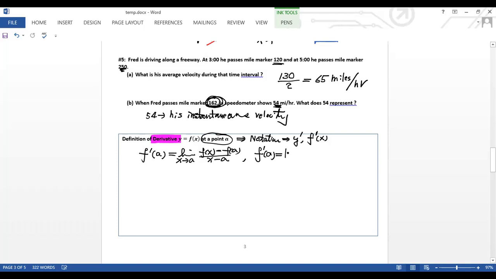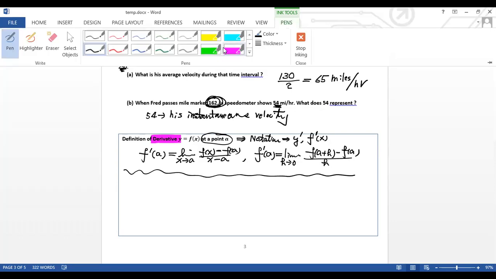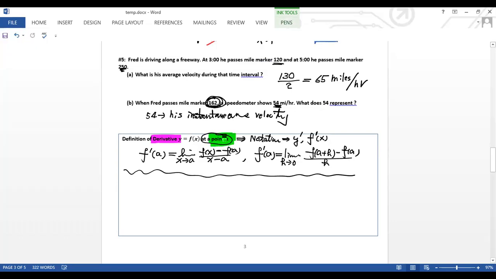Instead, you can say as h gets closer to 0, f of a plus h minus f of a over h. These are the two ways you can find the derivative at a specific point.